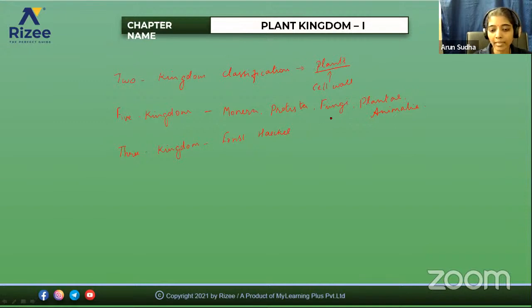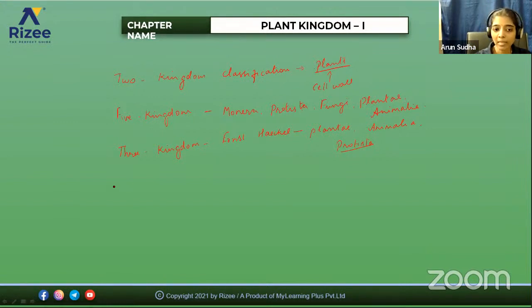So here he classified it into Plantae, Animalia, and Protista. He classified a different category, all the unicellular eukaryotes, he put under Protista. But in this case, the Protista includes all the archaebacteria, then fungi, all comes under the Protista.